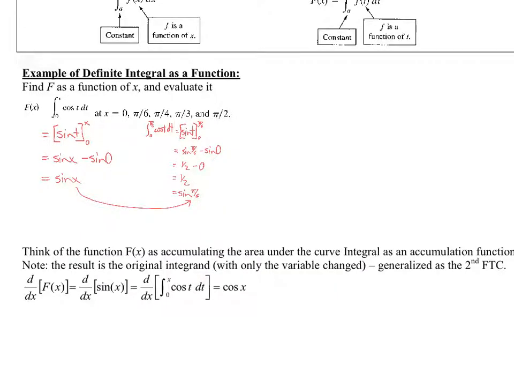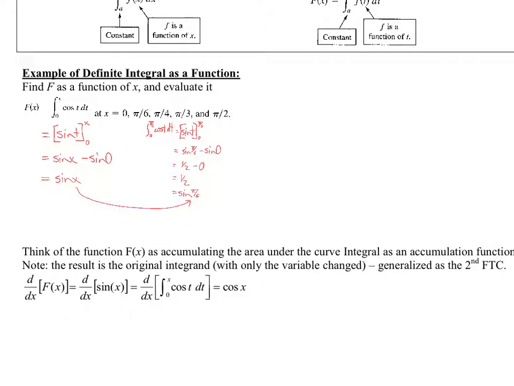So basically what you can see here is you need to think of the antiderivative as accumulating the area under the curve. It's an accumulation. The result is the original integrand, with only the variable changed. Notice here, the derivative of the antiderivative.